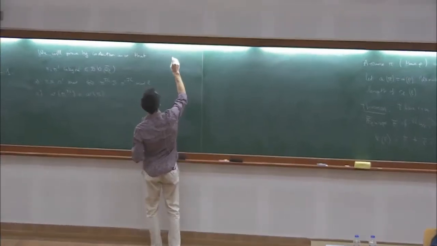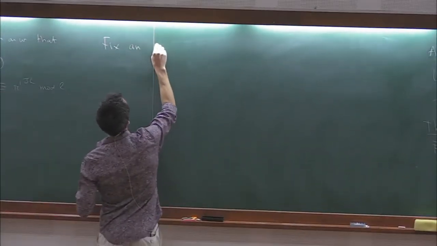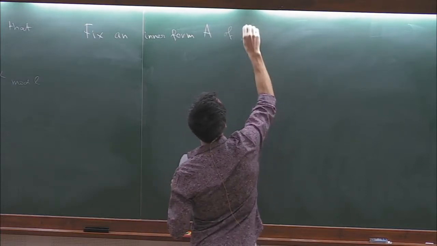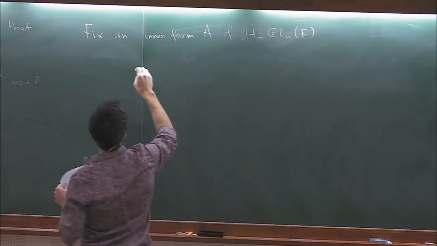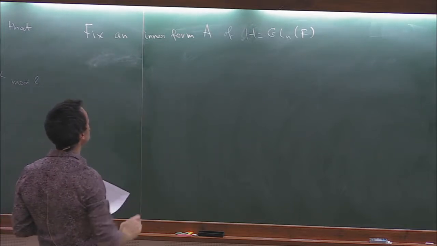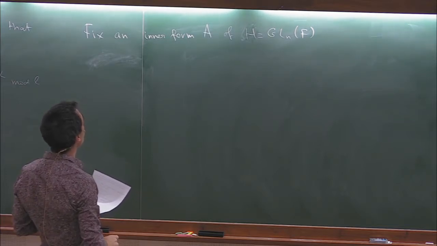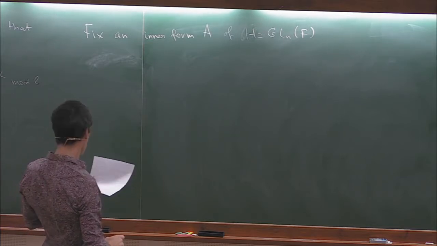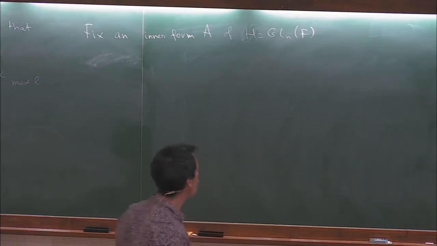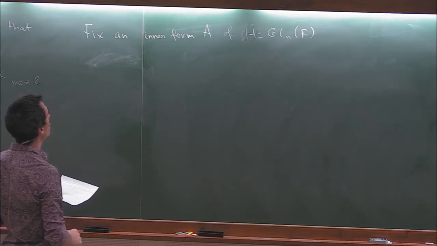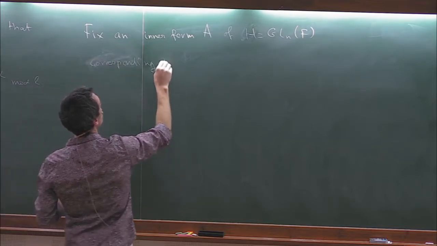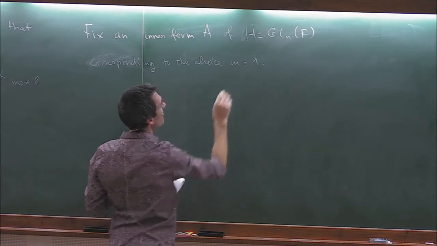Here, for technical reasons, I will change the group of reference. So I fix an inner form A of H, corresponding to the choice m equals 1.